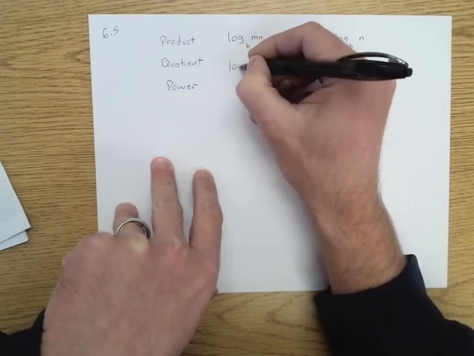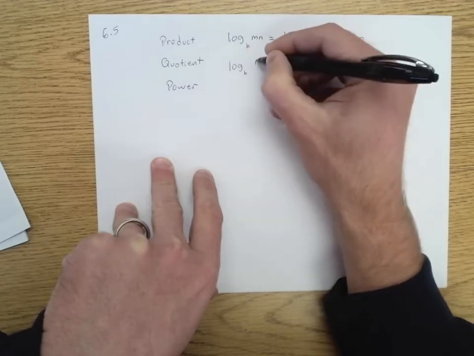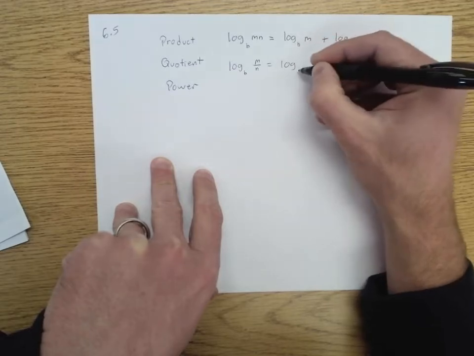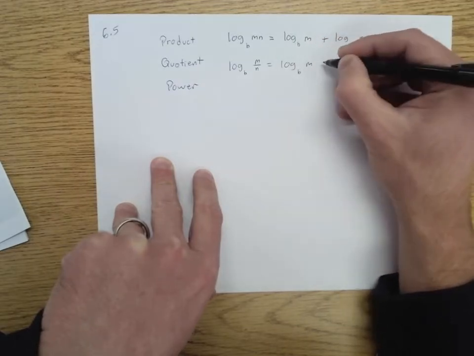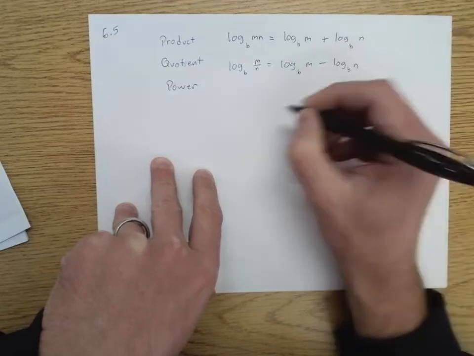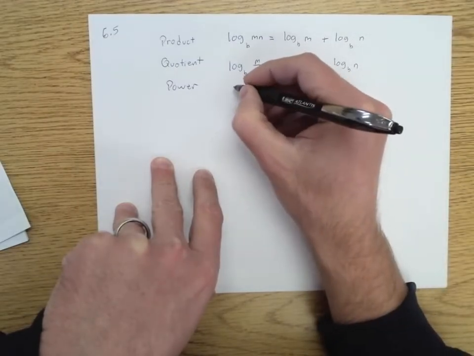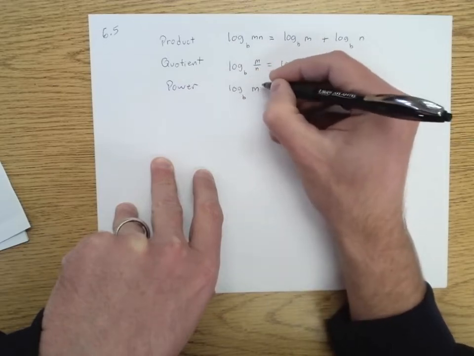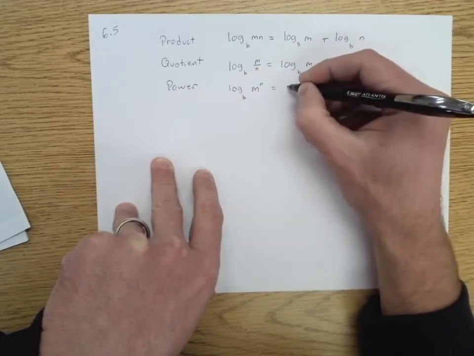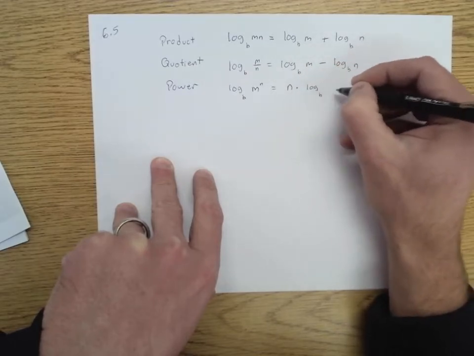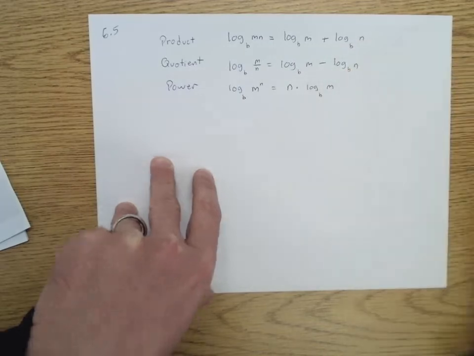Quotient property, log base b of m divided by n is equivalent to log base b of m minus log base b of n. And then the power property, log base b of m to the power of n is the same thing as n times log base b of m.